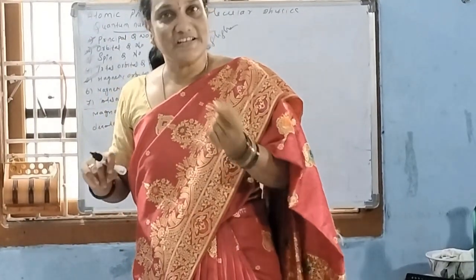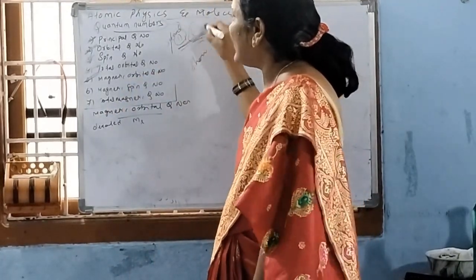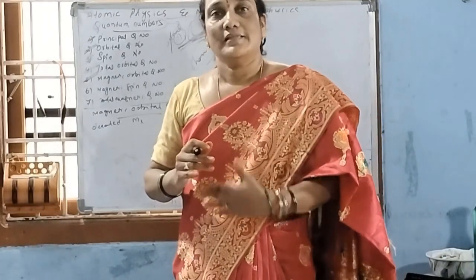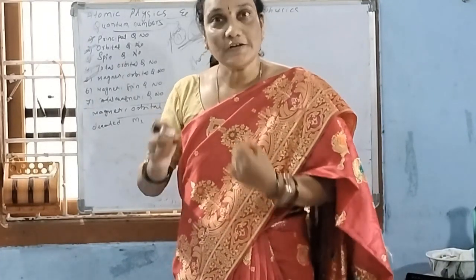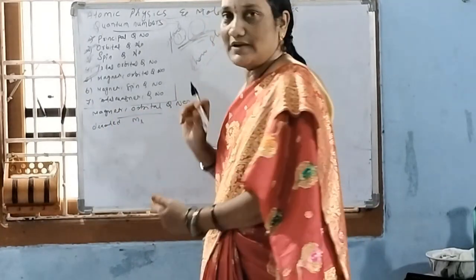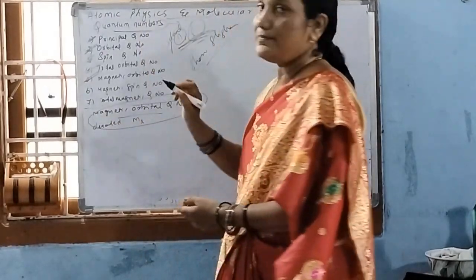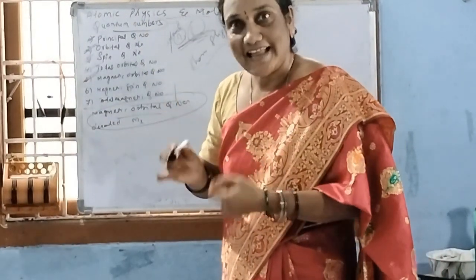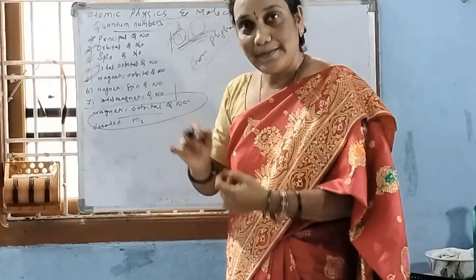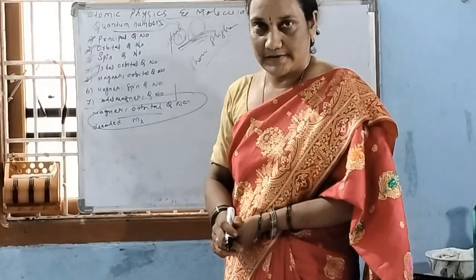When we place an atom in a strong magnetic field, the electrons having the same values of N and L will show a slight difference between themselves. In order to understand that, the magnetic orbital quantum number is introduced. So it explains that slight difference of electrons having the same N and L values when placed in a strong magnetic field.